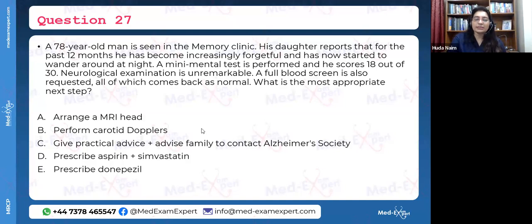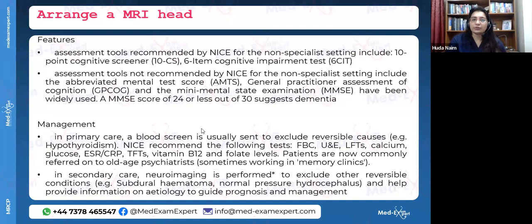Okay, so the correct answer is A. Basically, you would like to rule out vascular dementia, and any reversible cause, before you label a patient as Alzheimer's or dementia.